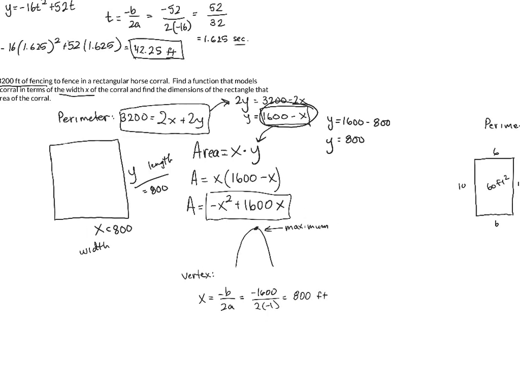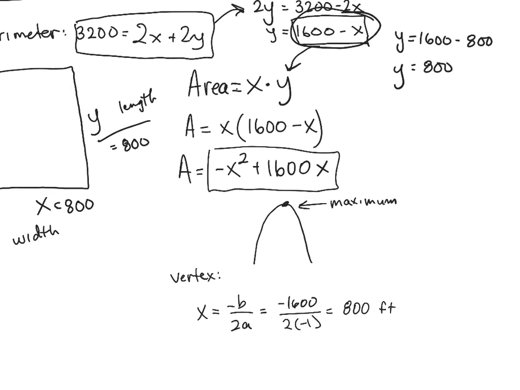Those are the dimensions of a rectangle that's going to give us our maximum area, and we know that it's the maximum area because we graphed this parabola and found the vertex, which gives us an x value, which is the width, and the y value there would have been the area. So this proves that this is the maximum area because what we found is the vertex, which is the maximum value of that quadratic function.